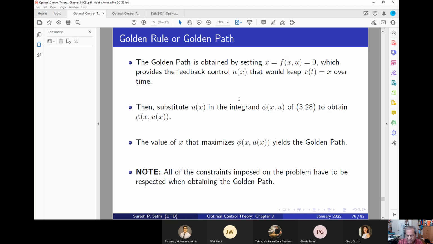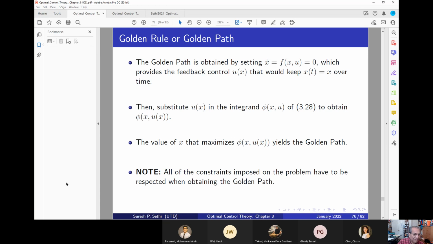That means given a number of initial values of x, what is the best initial value for which I can have a constant consumption or constant control all the way to infinity? So it is picking up the initial condition that is best for you.